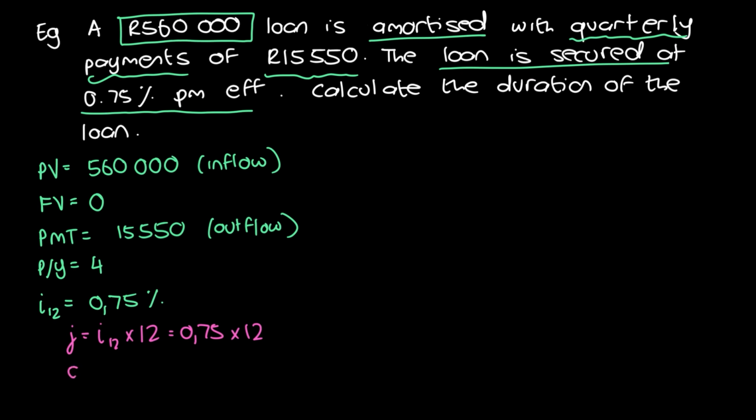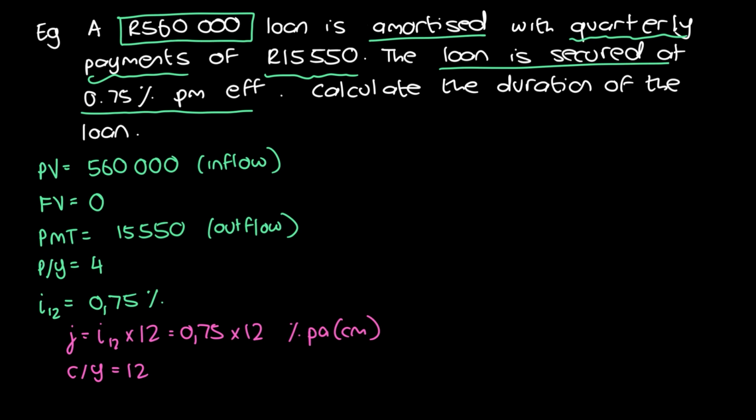So we have C/Y is equal to 12 because it's per month effective. When we convert our nominal interest, it is the percentage per annum compounded monthly, connected with that number that sits there, that M. So you'll see here our C/Y is equal to 12 and our P/Y is equal to 4.